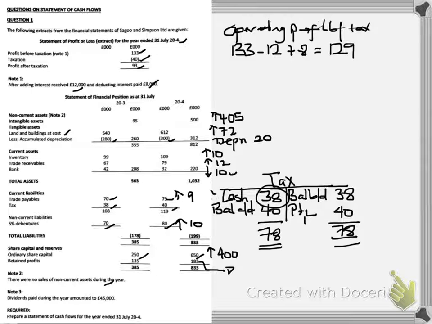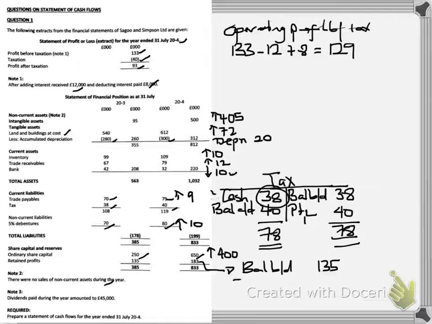So let's try to understand about retained profits here. What we have here is the balance from the previous year, 135.